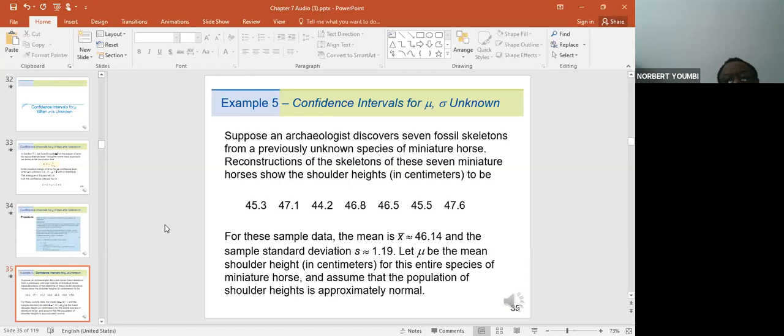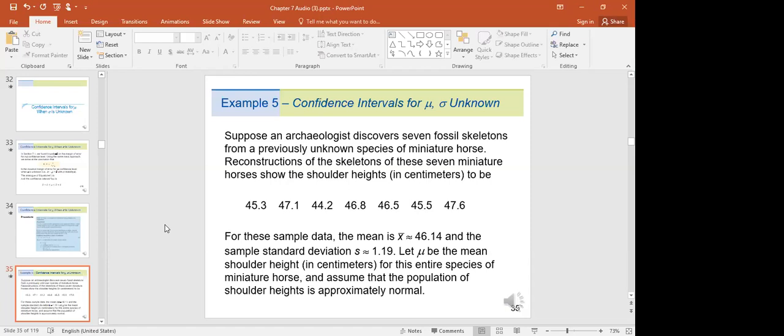Do you have your TI-84 calculator with you? Yes, I do. Oh, good. So let's use it to compute the confidence interval here. If you are ready with it, let me know. I'm ready. Okay, you turn it on and you go to start. Then you press enter for edit.